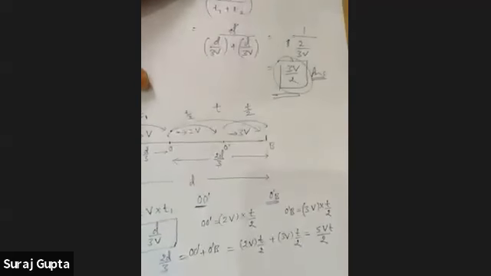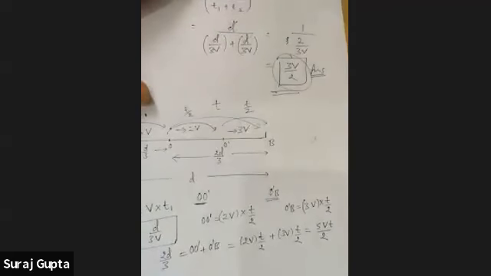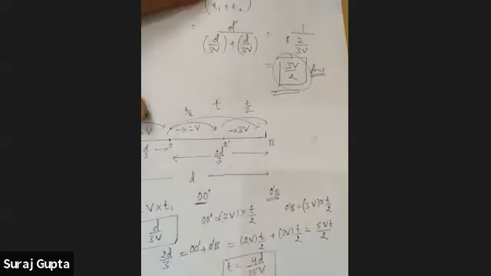And now you can further solve. By solving, you equate 2d by 3 is equal to 5vt by 2. So this t comes out to be 4d upon 15v.